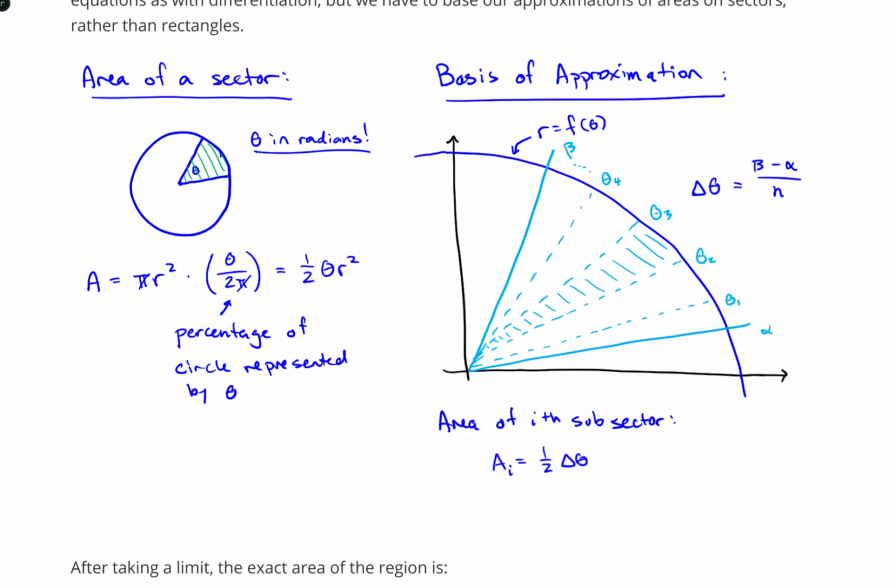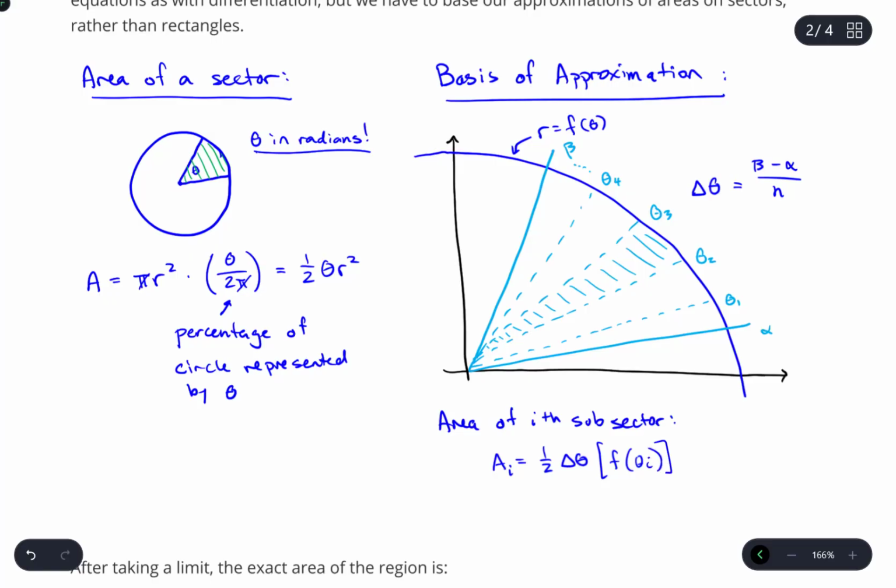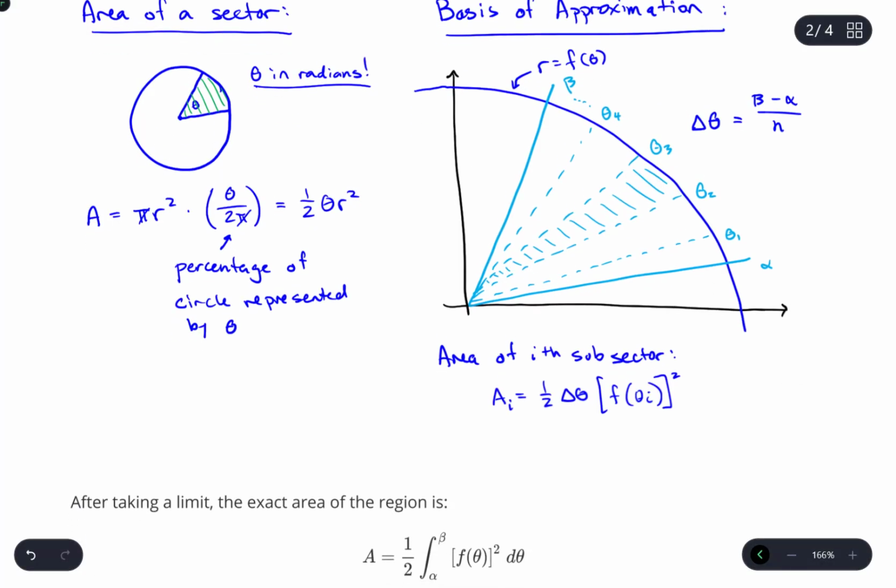The radius of each subregion comes from the function itself, so it's going to be f evaluated at theta sub i, squared because of the square in the area of a sector formula. So that would be the area of the ith subsector.